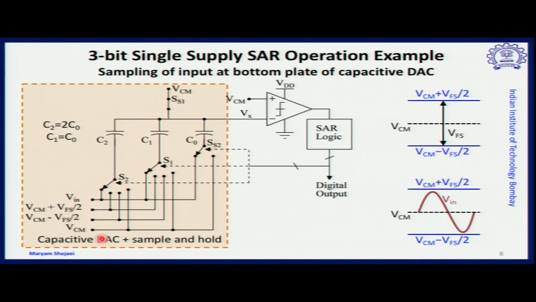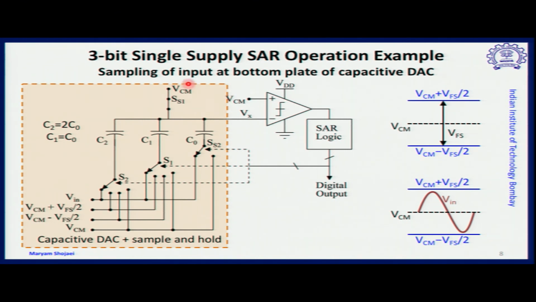We have the common mode level, which would be 0 if we had a dual supply, and it is also used for initializing the capacitors. Similarly, the comparator has common mode as the reference input, not ground. So the steps are similar to a dual supply, with a slight difference in the actual results. We will see how it happens.